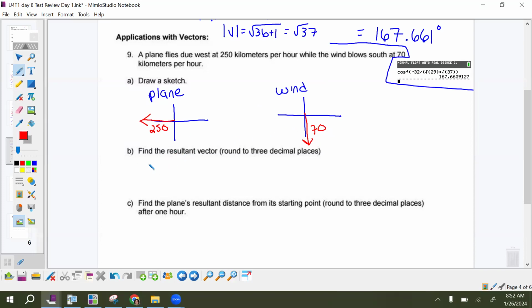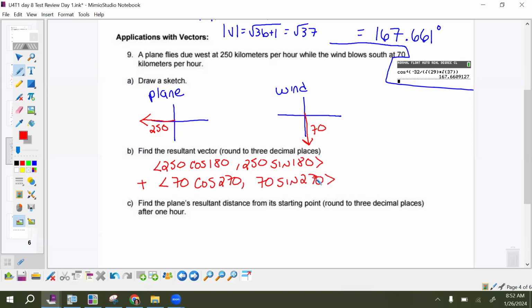So I'm going to do the plane plus the wind. I'm going to add these. And 3 decimal places.